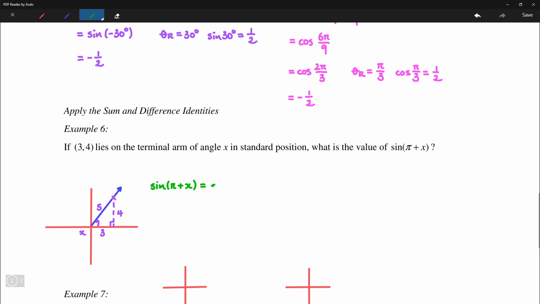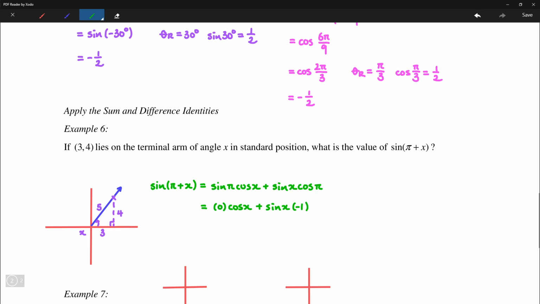So this is sine pi cosine x plus sine x cosine pi. Now sine pi is equal to 0. And then cosine x, we don't know the value of just yet. And in the second part of the expression we have sine x, and then cosine pi is negative 1.